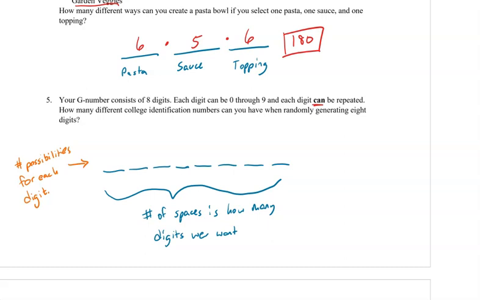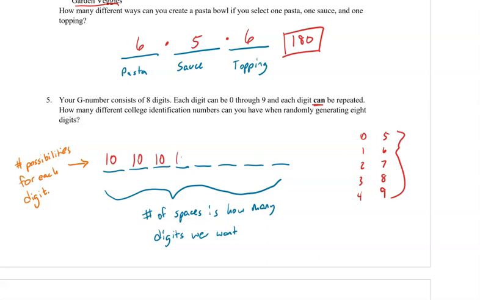Okay, so for the first one, if it can be the numbers 0 through 9, that's 10 total digits, right? 0, 1, 2, 3, 4, 5, 6, 7, 8, 9. That's 10 different numbers it could be. For the second digit, if all of the digits can be repeated, well, we still have those same 10 numbers that we could pick from.